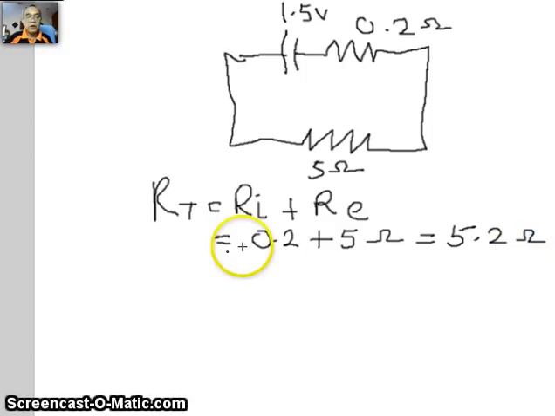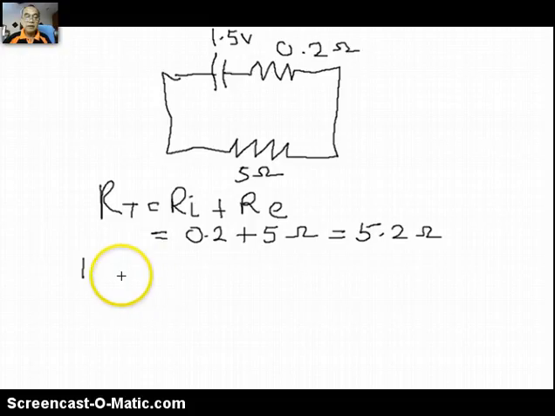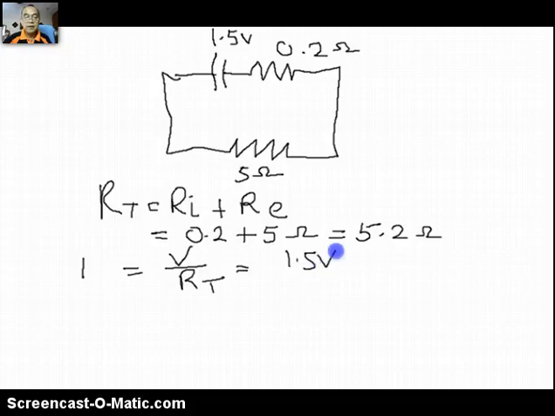Then we calculate the current. I is equal to V over R total, equal to 1.5 volts divided by 5.2 ohms, and the answer of course is in amperes.